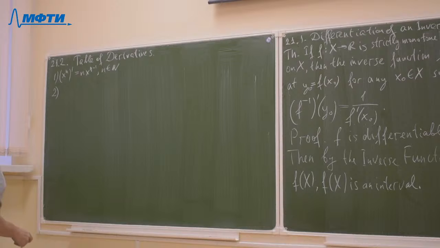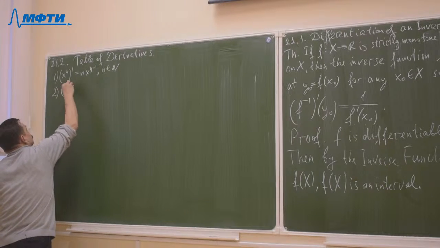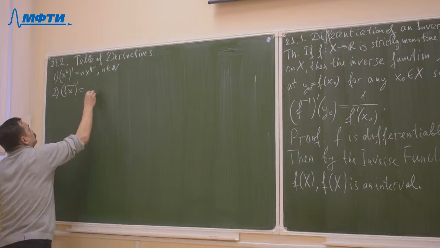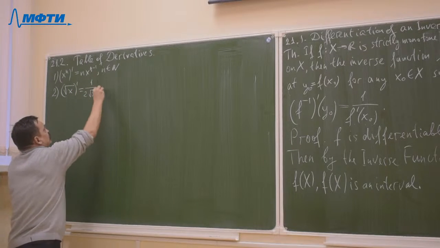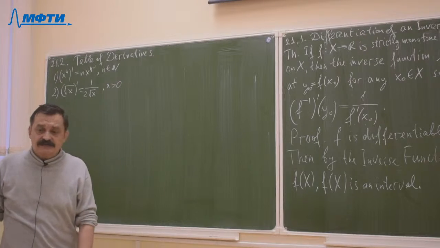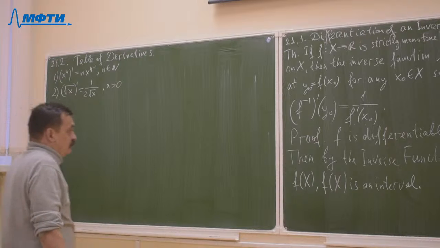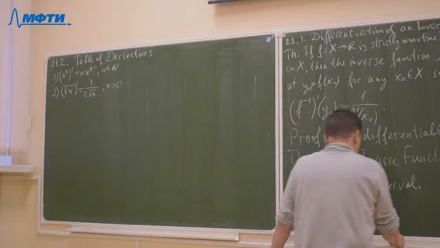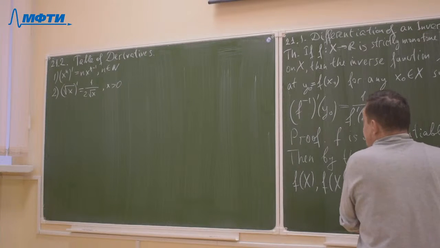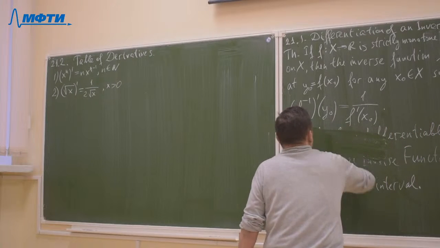For example, let's start with a very simple limit: 1/2 square root of x. Here we should suppose x is strictly positive. And we refer to the proof of that equality, we refer to our theorem.